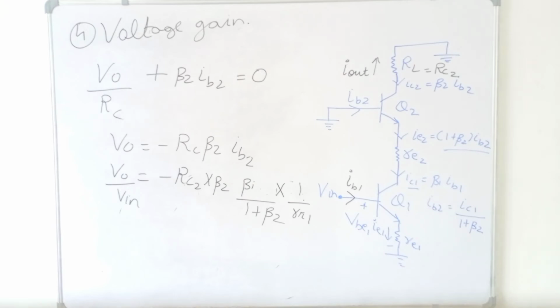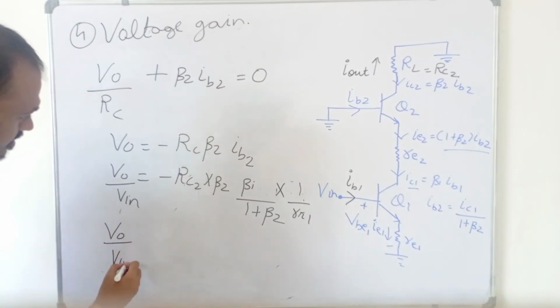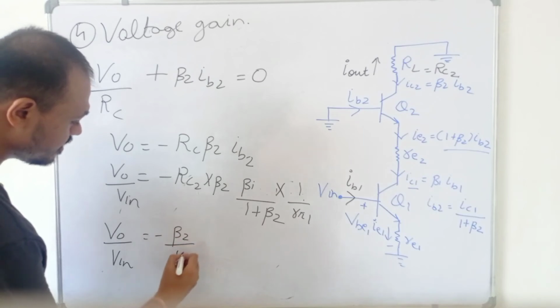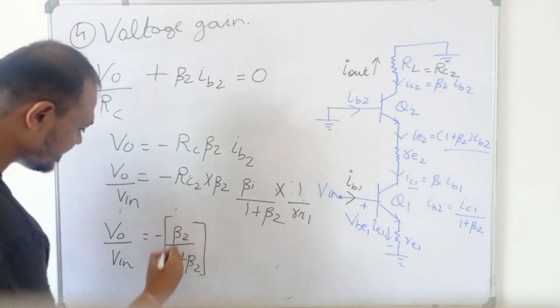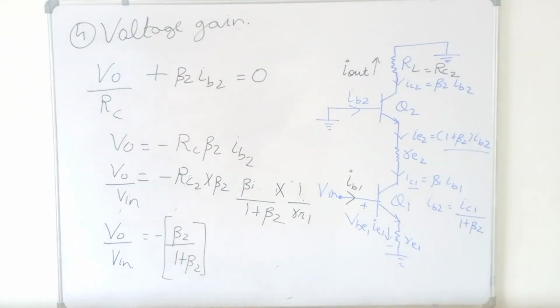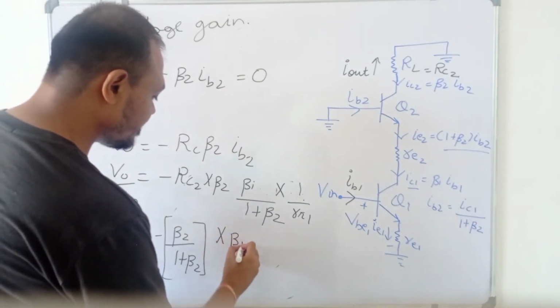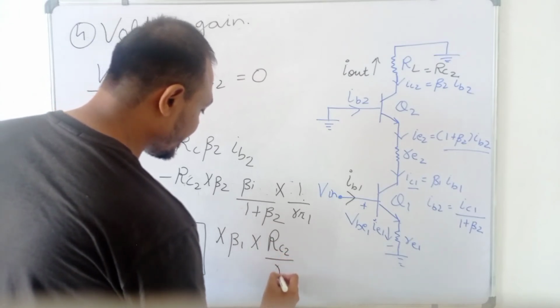So we can write V naught upon V in is equal to minus of beta 2 upon 1 plus beta 2. It is nothing but the current gain of the common base stage, into beta 1 into RC2 upon R pi 1.